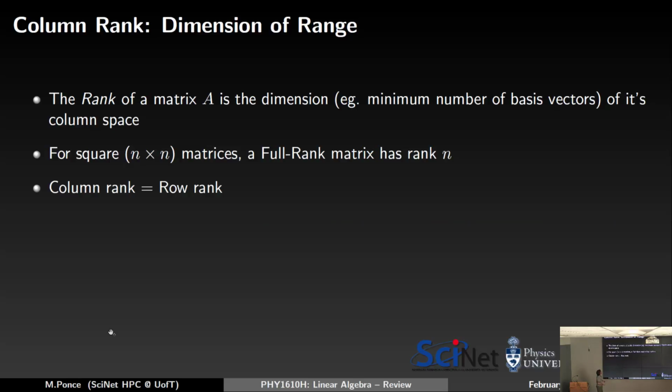So we talk about the image, and we talk about the rank and the null space. The rank of the matrix is basically the dimension. It's how many columns the matrix has that are linearly independent. In other words, it's the minimum number of basis vectors that will span the vector space.